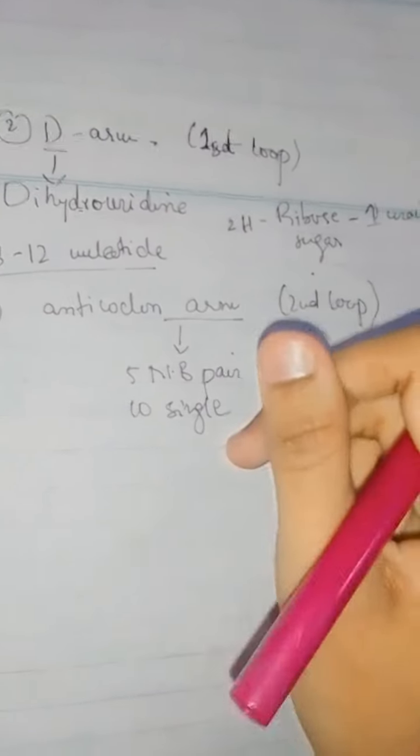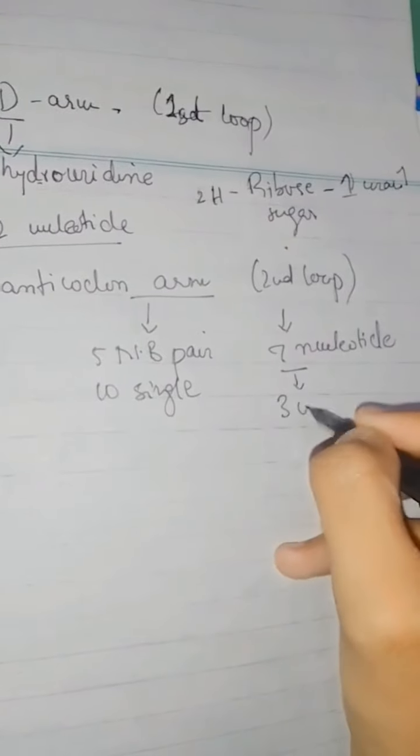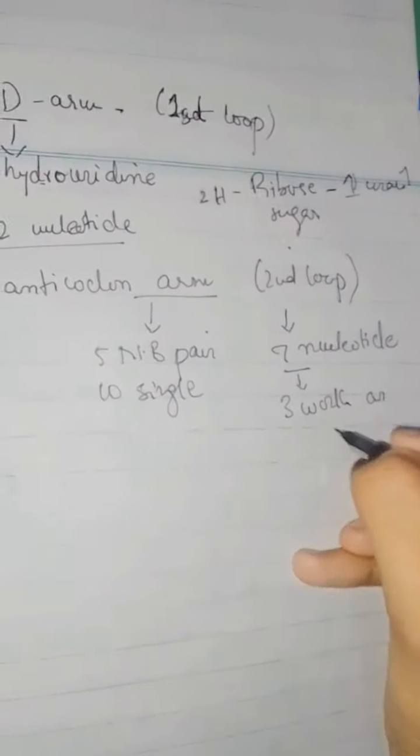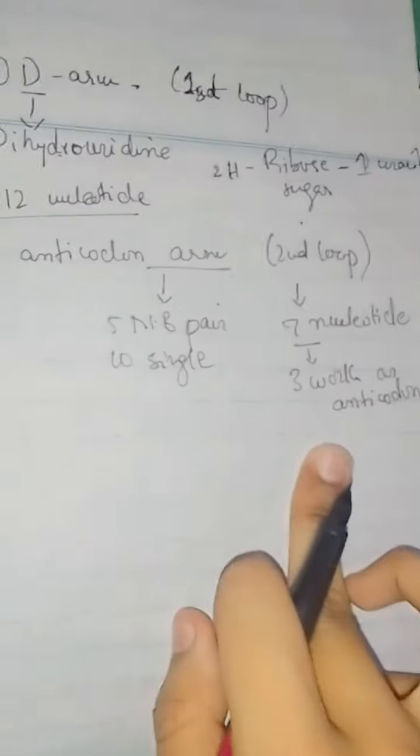And how many are anticodons in that? From these 7, 3 will work as anticodon.